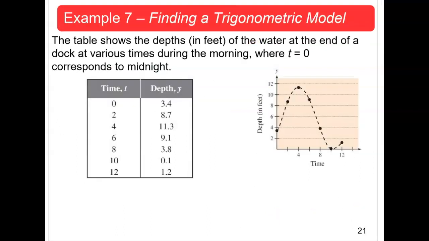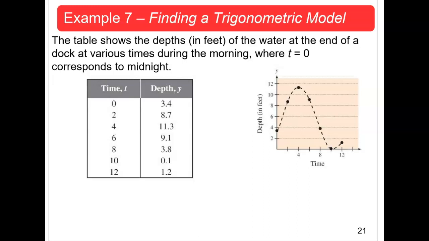For example 7, we have a table showing the depths in feet of the water at the end of a dock at various times during the morning, where t equals 0. Now, instead of using x for our independent variable or input, we're using t for time.